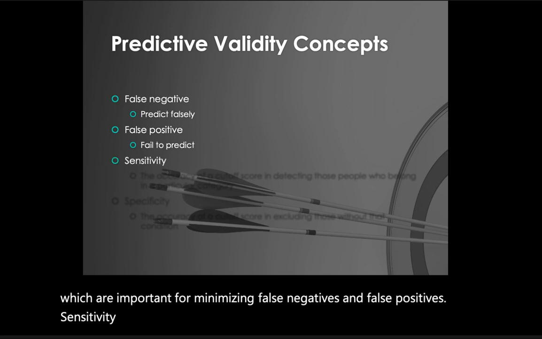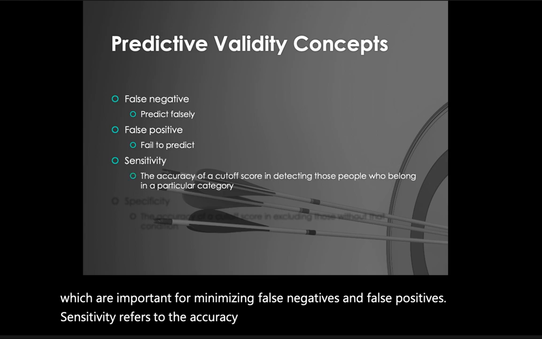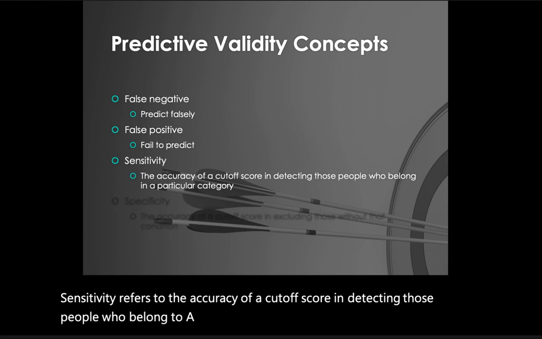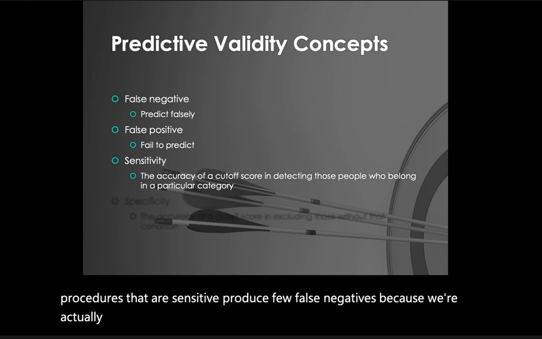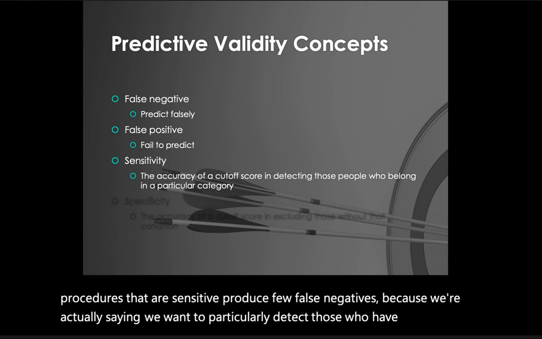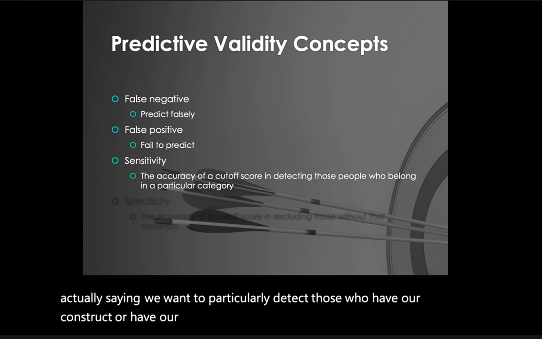Sensitivity refers to the accuracy of a cutoff score in detecting those people who belong to a particular category. So by definition, testing procedures that are sensitive produce few false negatives, because we're saying we want to particularly detect those who have our construct or have our characteristic.